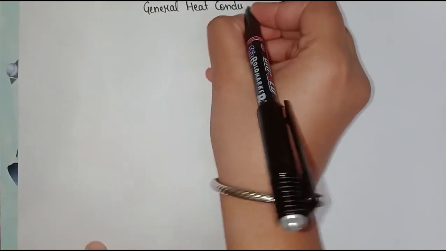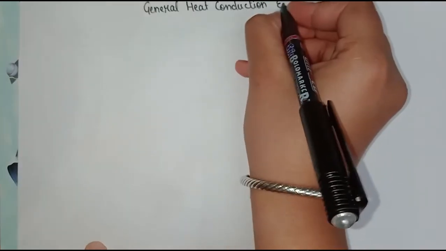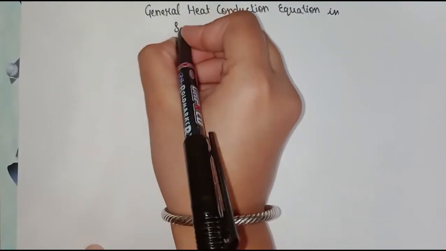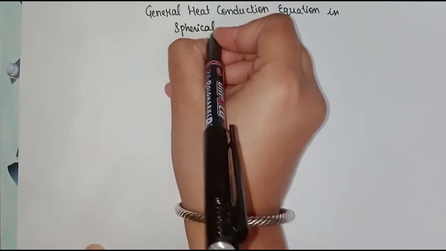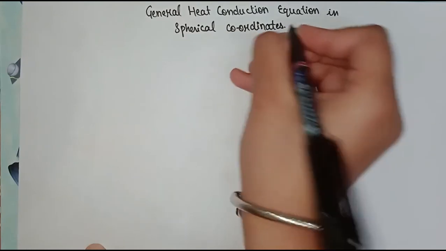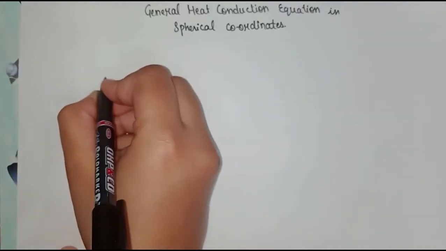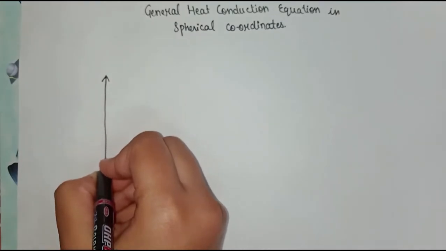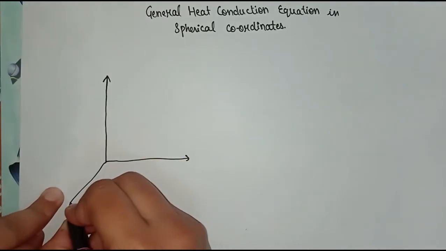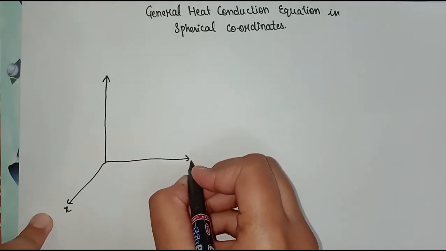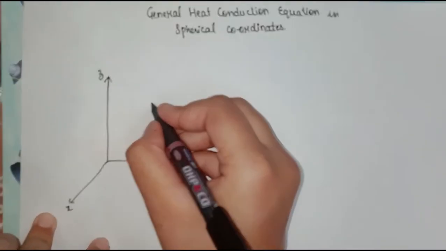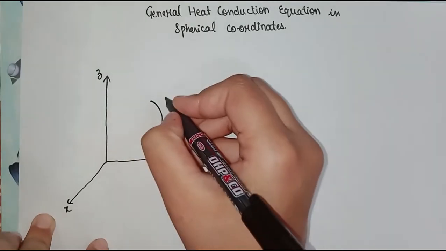So now let's derive the general heat conduction equation for spherical coordinates. For this, first we need to draw a diagram. So here we will draw three coordinate axes, that is x, y and z. And we will make a small portion of a sphere on these coordinate axes.